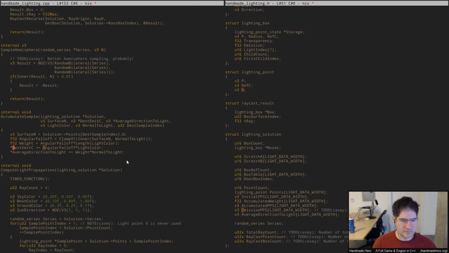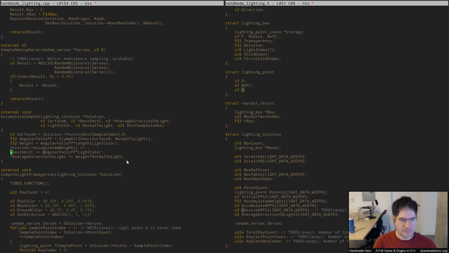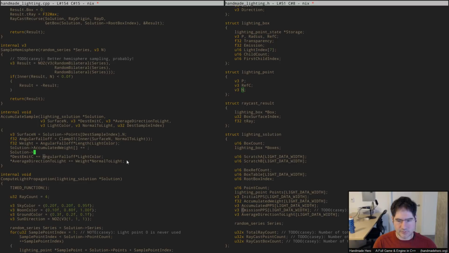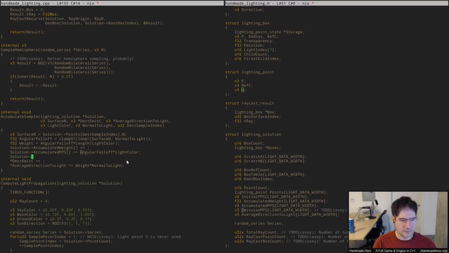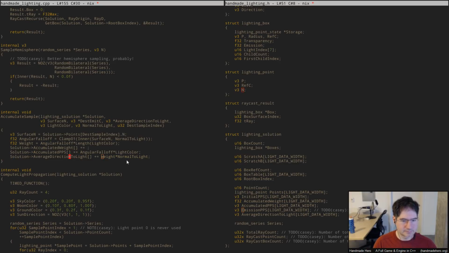And then all of these are going to be pulled off of the solution, right? So the solution accumulated weight is going to be plus equal something. The solution accumulated PPS is going to be plus equal this. And the solution average direction to light is going to come through there as well.